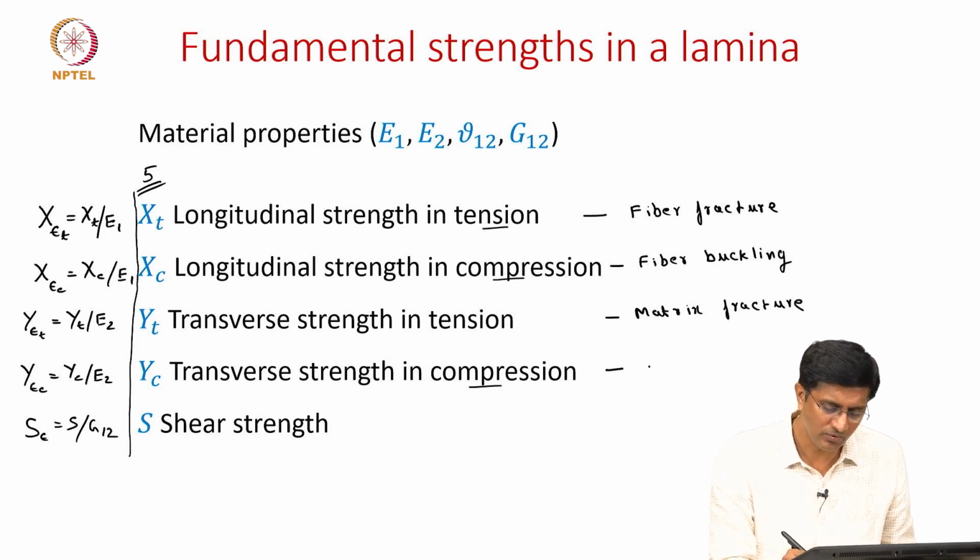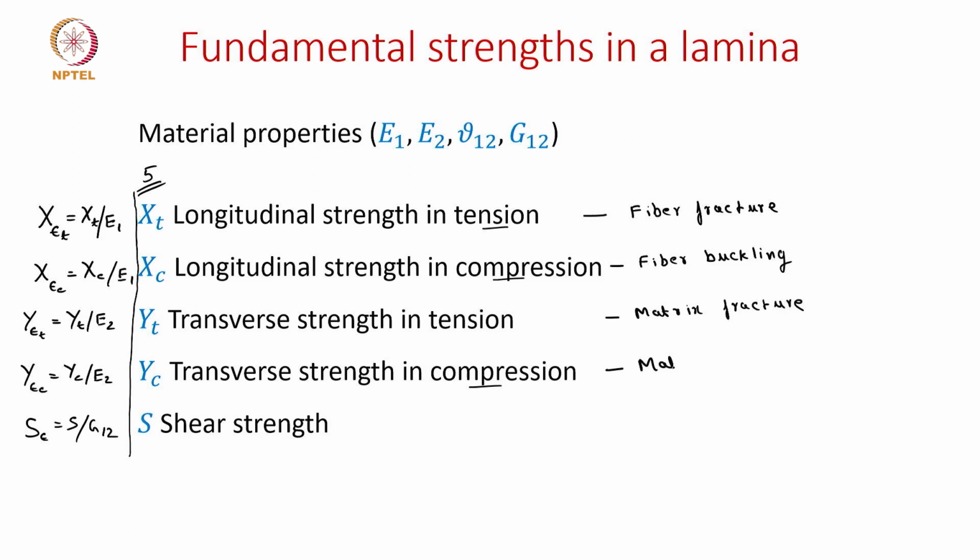And even in compression, we'll see that the matrix is the one which usually fails. So we'll again write it as matrix fracture or failure. And lastly, related to shear strength, it can be either matrix or fiber.